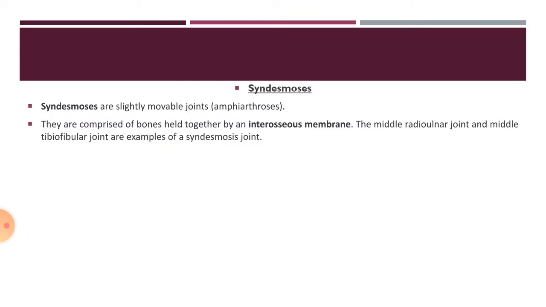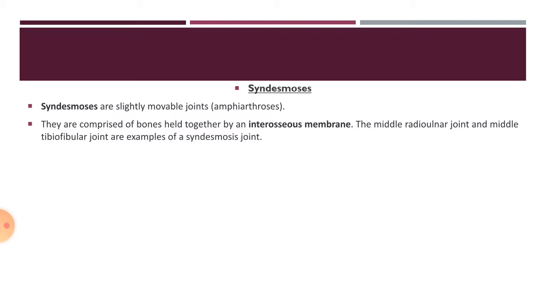The last type is syndesmosis, and the syndesmosis shows a little movement, so we can call them amphiarthrosis as well. They are comprised of bones held together by an interosseous membrane. The middle radioulnar joint and middle tibiofibular joint are examples of syndesmosis joint.